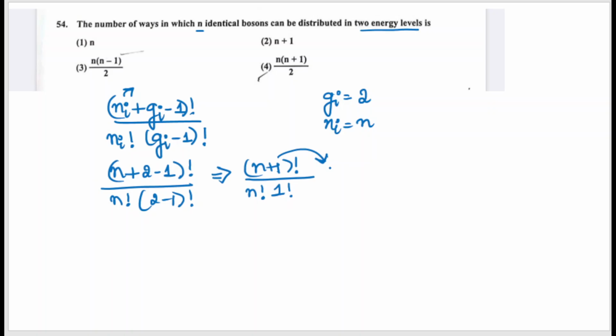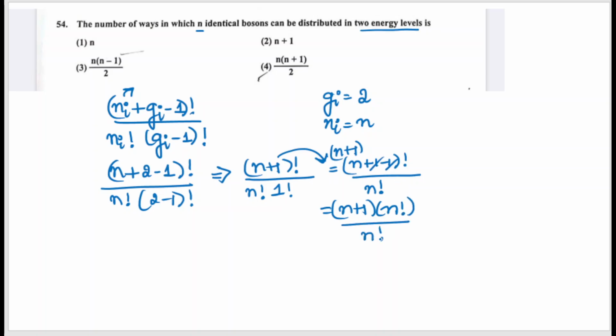I can expand this: n plus 1 into n plus 1 minus 1 factorial, whole divided by n factorial. The n factorial and n factorial get cancelled. The solution is n plus 1. So n plus 1, that is option 2, is the right option.